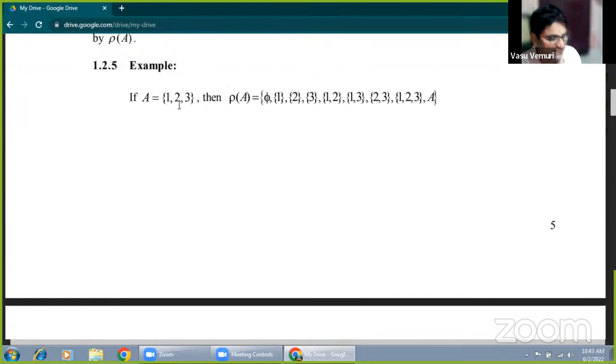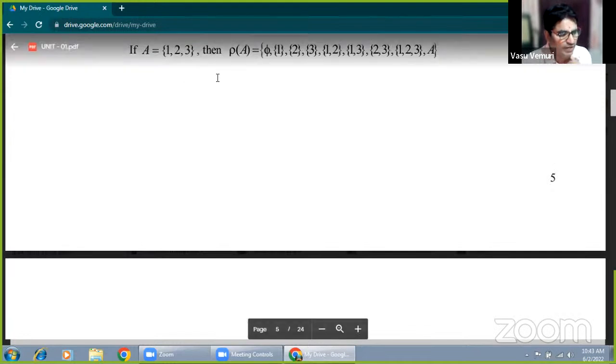Just listen here and see this example. Capital A equals {1, 2, 3}. The power set begins with the empty set, because there are no elements. Then the subsets with only one element: {1}, {2}, and {3}. Then the two-element subsets: {1, 2}, {1, 3}, and {2, 3}.